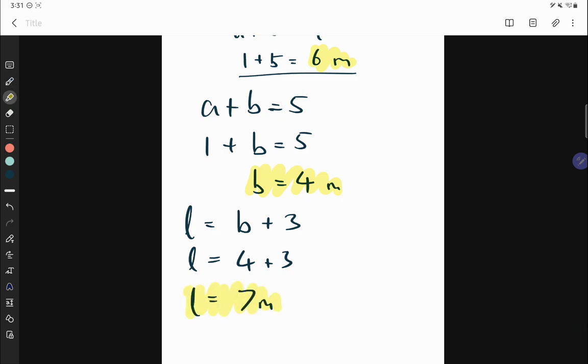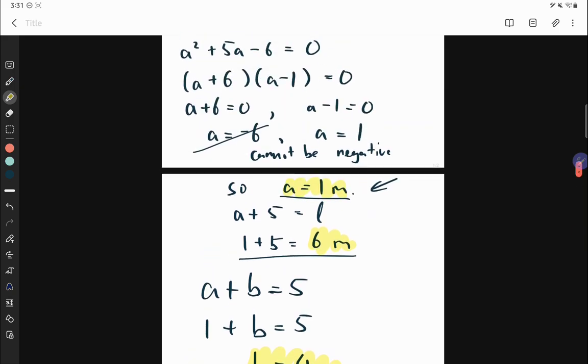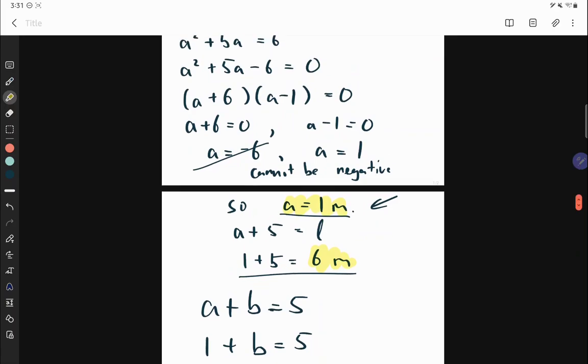Now, of course, in your actual assignment document, you only write these answers here. You write for plot 2, width is 4 meters, length is 7 meters. For plot 1, width is 1 meter, and the length is 6 meters. And that's enough.